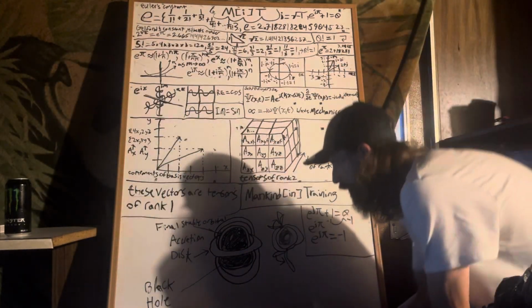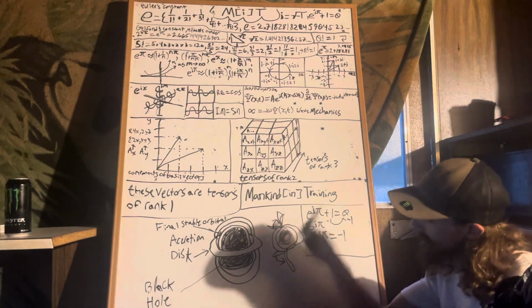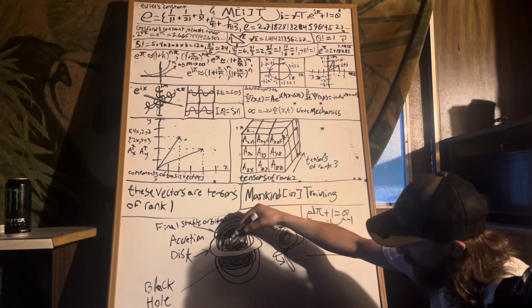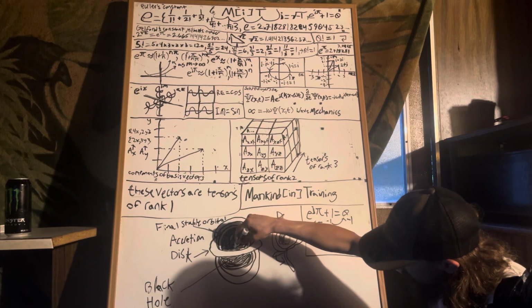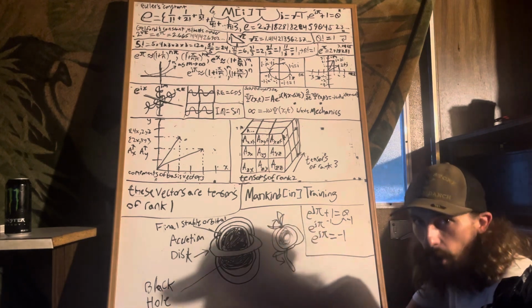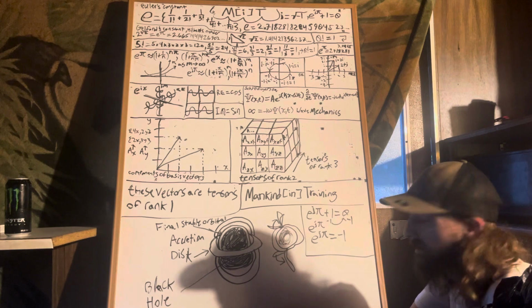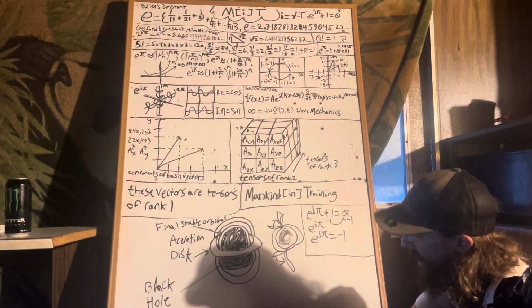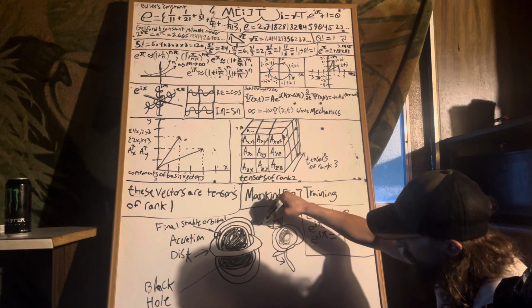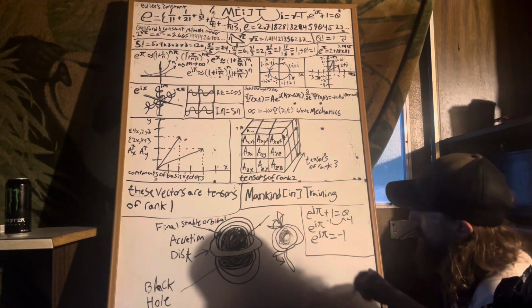So, I have a poorly drawn black hole here. Inside of this dark area is a singularity, an infinitesimally small point of immense mass. So massive, in fact, that light traveling will get bent into the black hole.